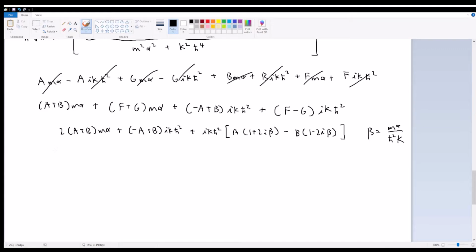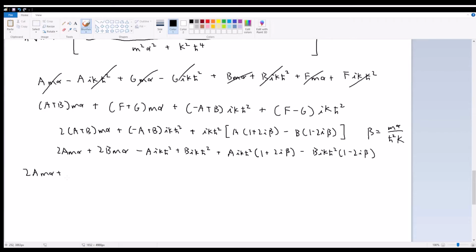This is going to give us 2a m alpha, I'm just writing out everything now, plus 2b m alpha minus a ik h bar squared plus b ik h bar squared plus a ik h bar squared (1 plus 2i beta) minus b ik h bar squared (1 minus 2i beta). Okay, so at this point, we have everything at the front, which stays the same.